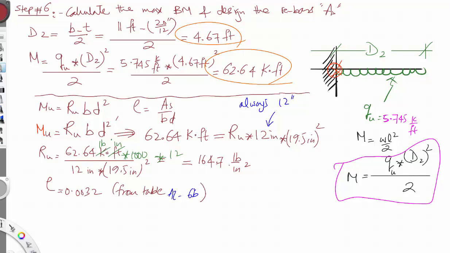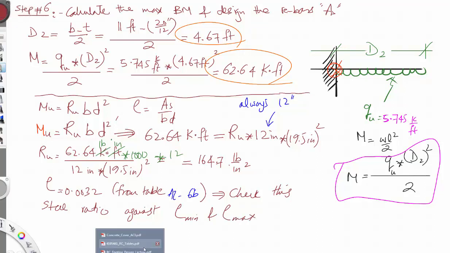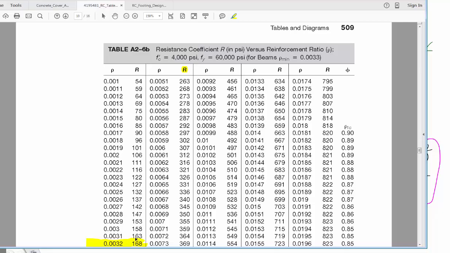But we need to check also the steel ratio. Check this steel ratio against the minimum steel ratio and maximum. And we do this from this table, same thing.